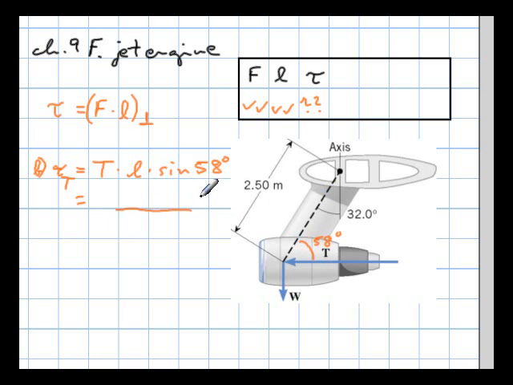You're going to come up with some number, and you're going to write these as newton meters for the torque. You also come up with a direction, actually, because the thrust is pointing to the left and the lever arm is pointing down, so both of these are negative.